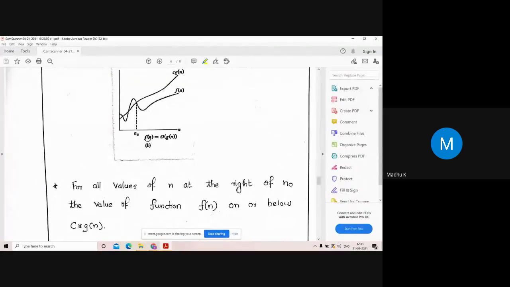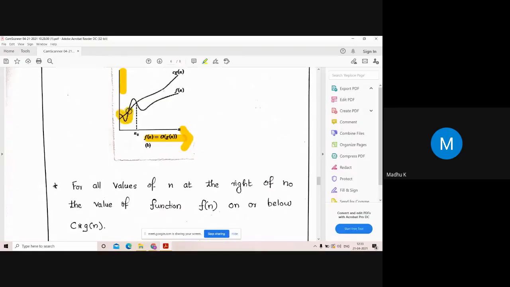On the x-axis, we'll write the n value. N is the problem size, and on the y-axis we'll write f of n, the function we are analyzing.